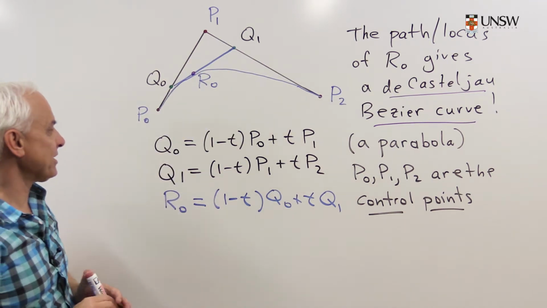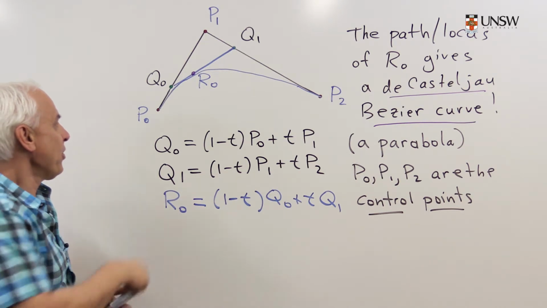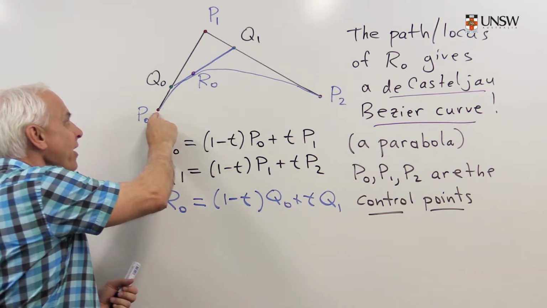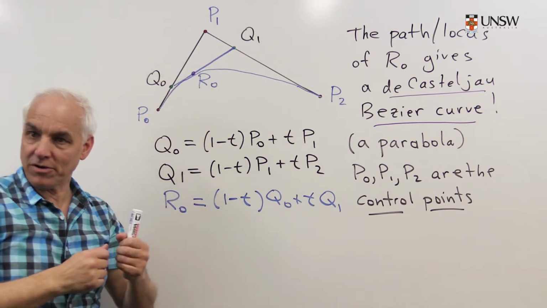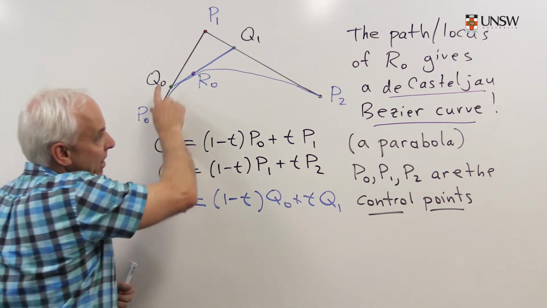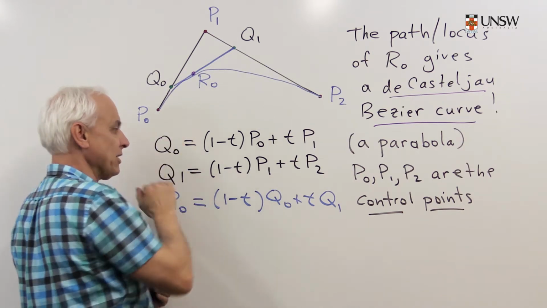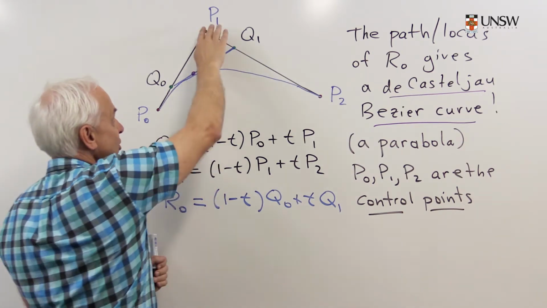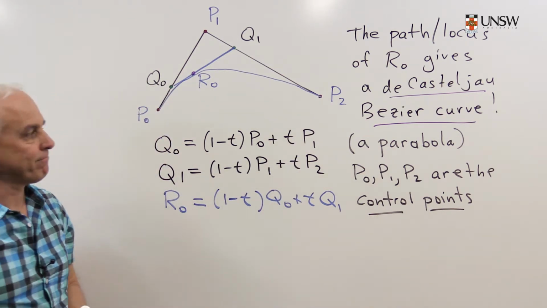And you can think about this as some kind of a story where we are starting here and sort of attracted towards the P1, so the particle's moving to P1. And then as time ticks on, it becomes more and more attracted to P2. The attraction of P0 diminishes, the attraction of P1 eventually diminishes, and eventually it's attracted to P2.